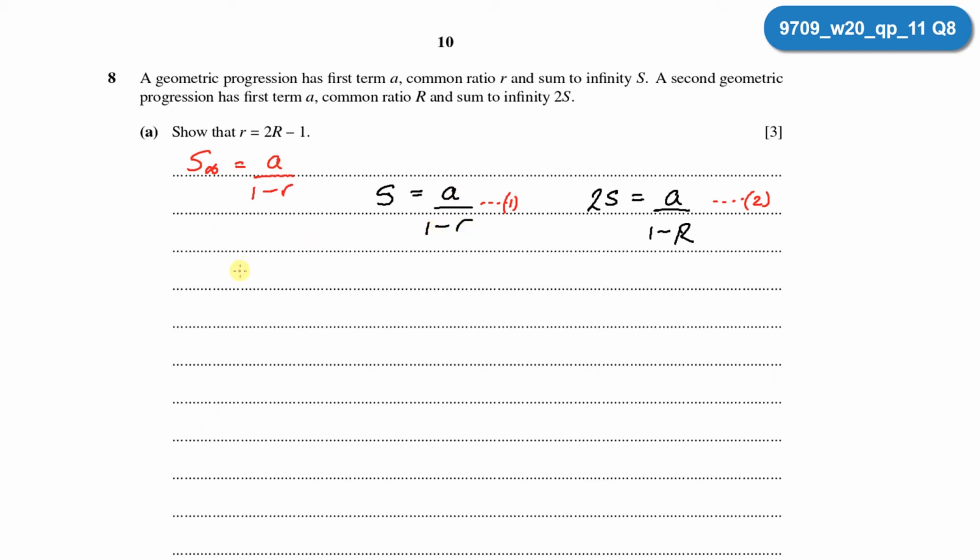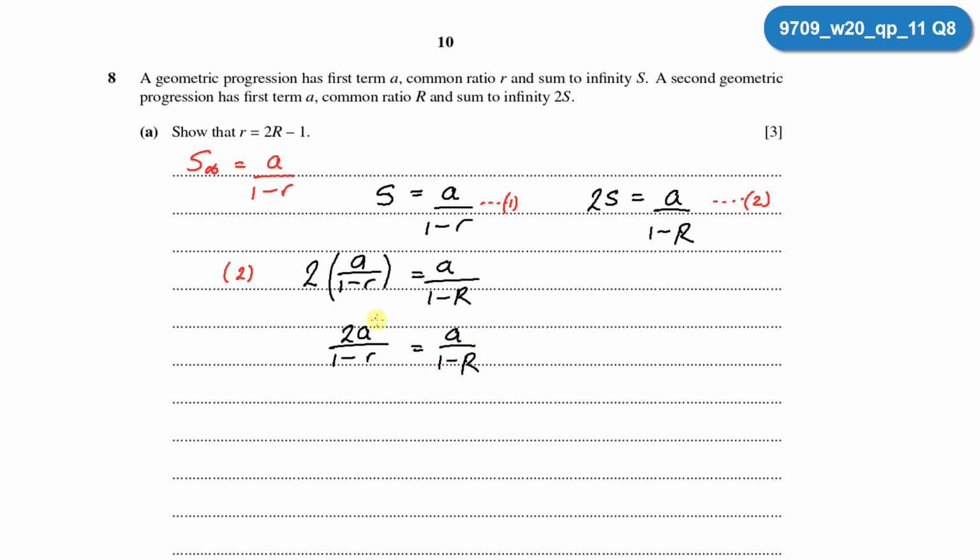So 2s becomes 2 times a over 1 minus r, which is equal to a over 1 minus capital R. We can simplify this to 2a over 1 minus r is equal to a over 1 minus capital R.